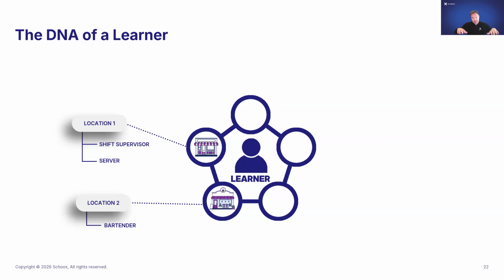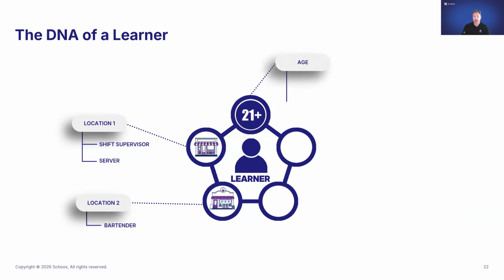So now I can set that up so I get all of those pieces broken down by location. I get the exact training I need. There's an update to the drink menu at location 2. Location 1 should have no idea that that's happening. The learner, however, I am responsible for that because I'm a bartender there. So being able to support cross-trained, cross-location, multiple jobs, very straightforward and something that we do very well.